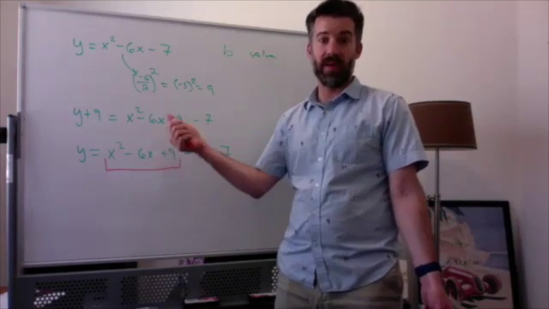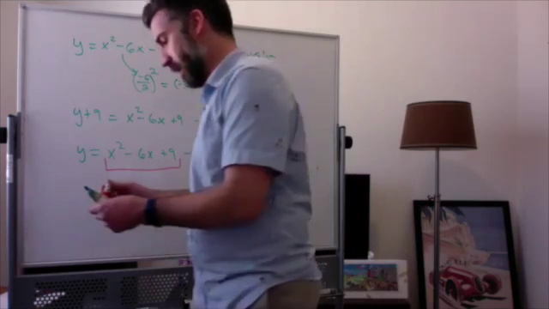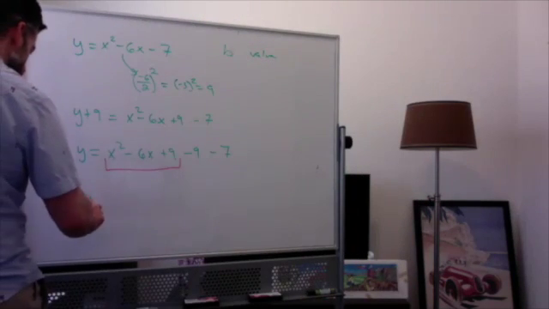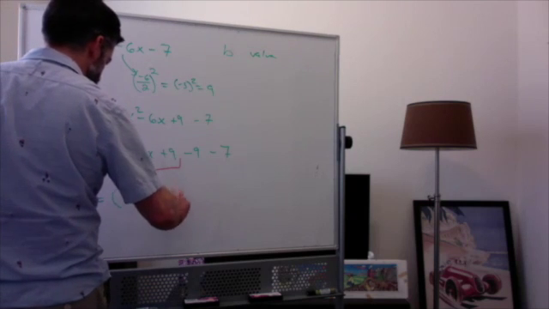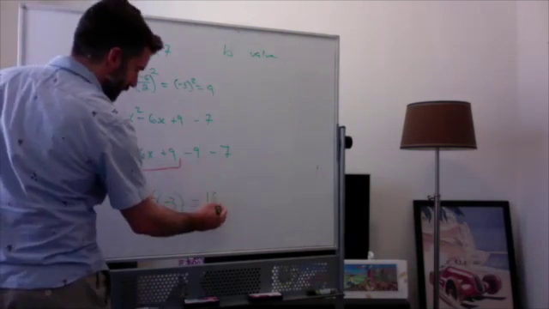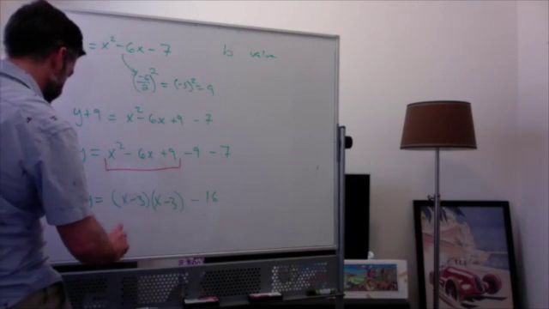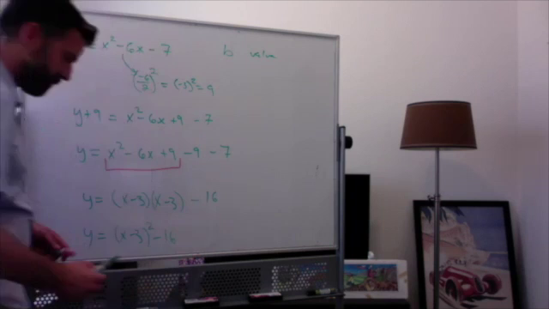And those numbers are -3 and -3. So we could write this as y equal to x minus 3 times x minus 3 minus 16. And then you could write it as y equal to x minus 3 squared minus 16.